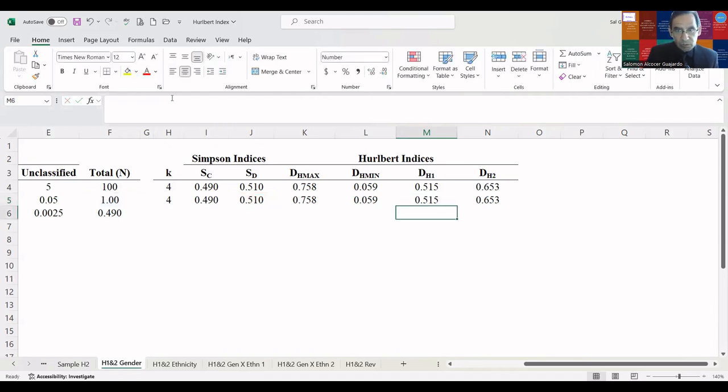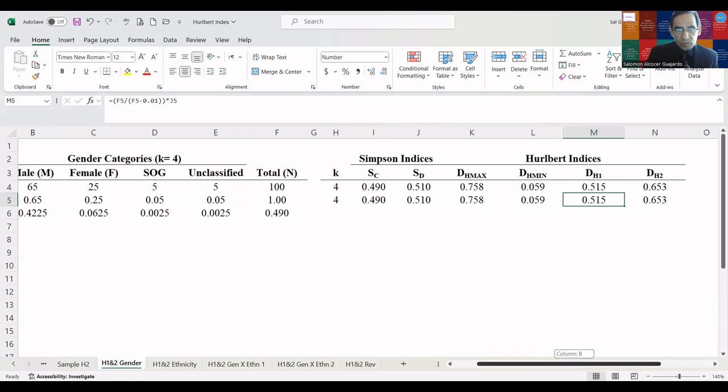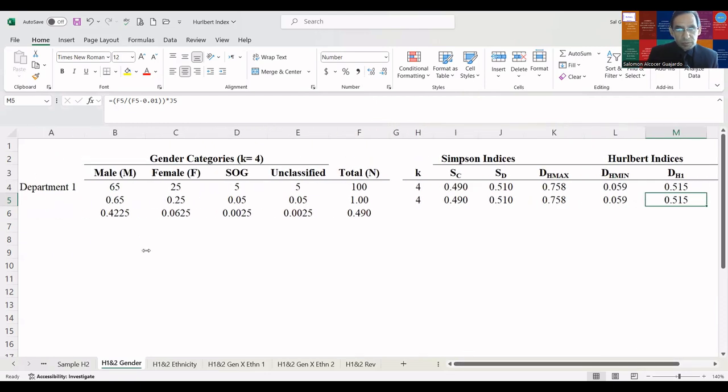So that gives me a Hurlbert index score of 0.51 or 0.52. This score of 0.515 or 0.52 indicates that there is a 52% chance or probability that two individuals of different gender groups are going to come in contact with each other.